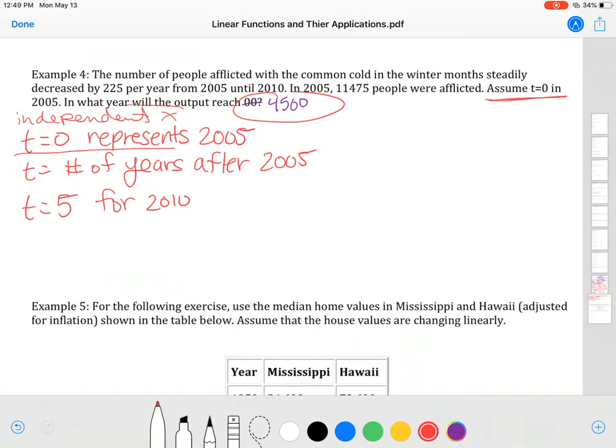That's like our X, but we're using T instead of X. Now, what's changing with respect to time is the number of people afflicted by the common cold. So let's call that Y. That's the number of people with colds.